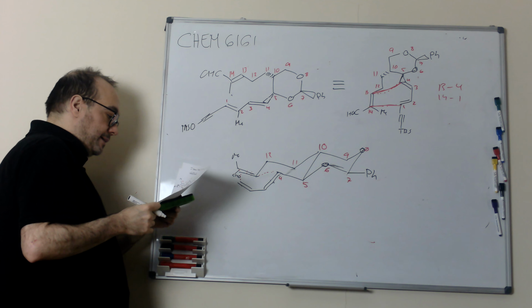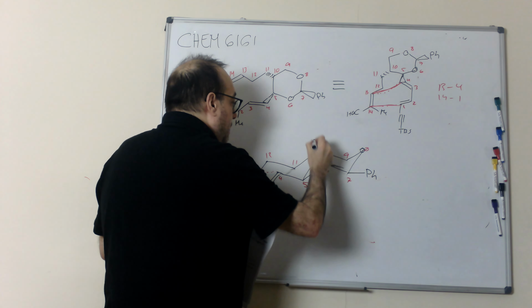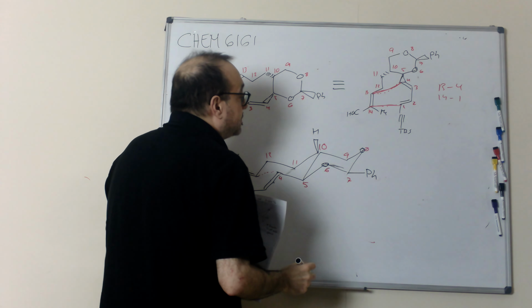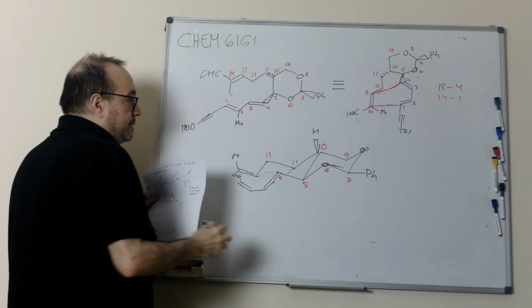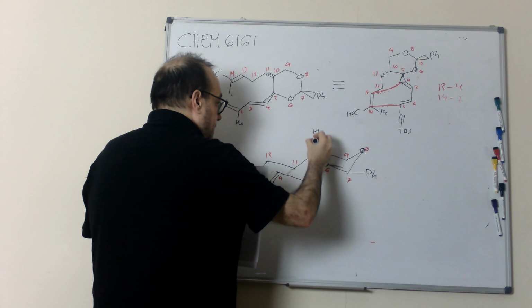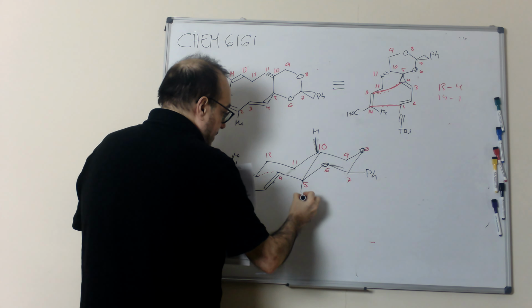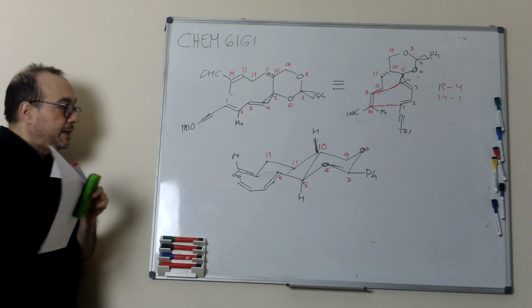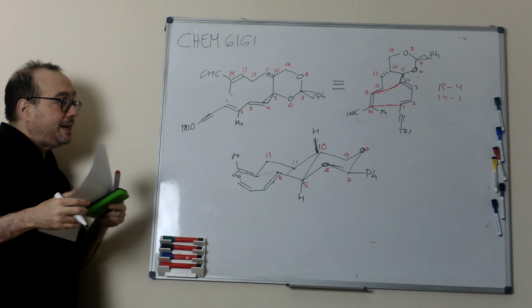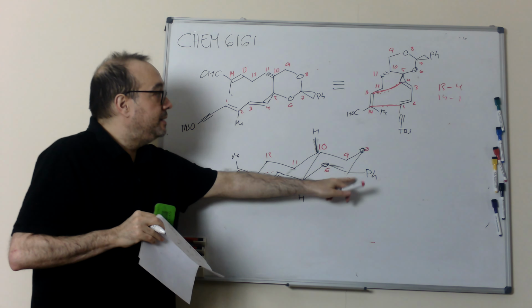In carbon 10, the hydrogen is going up. In carbon 5, the hydrogen is going down. What happens if this is not right?